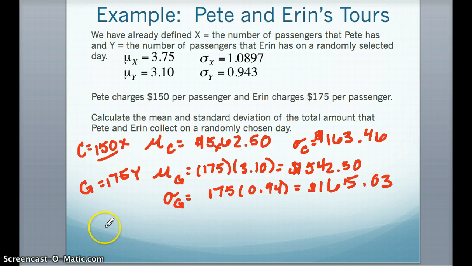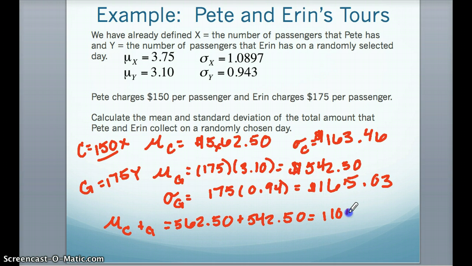Okay, and now once I have that, I can go ahead and add together my combined means. So I have 562.50 plus 542.50. So on average, together, they make about $1,105.